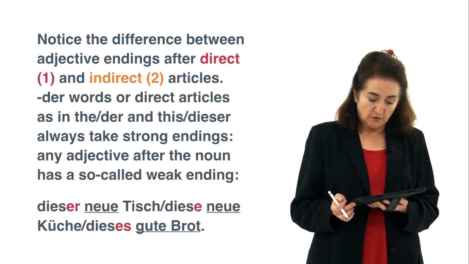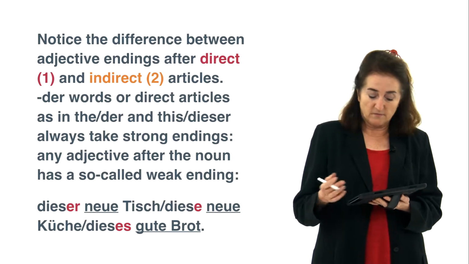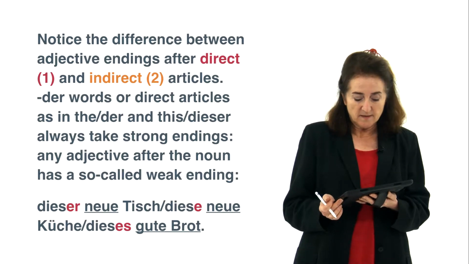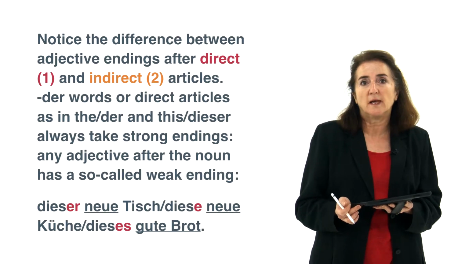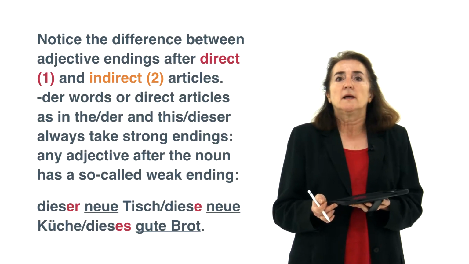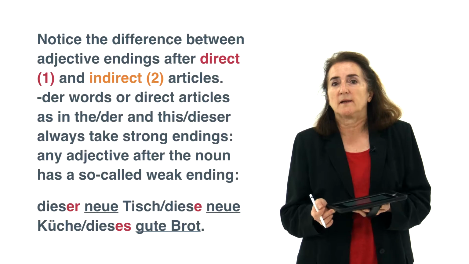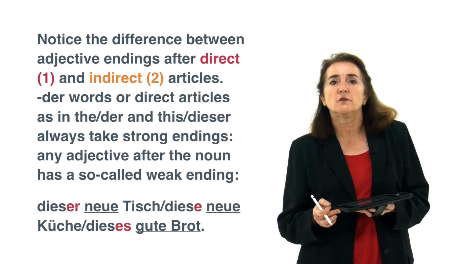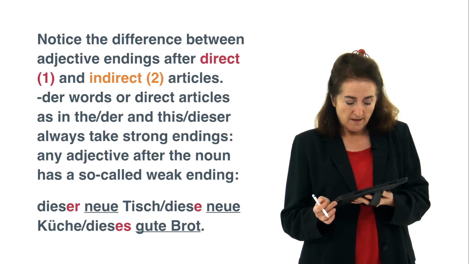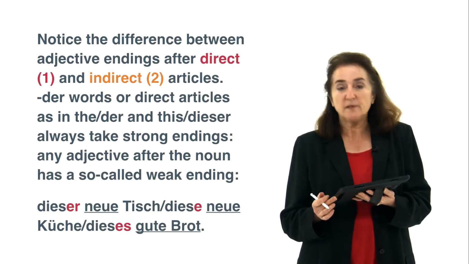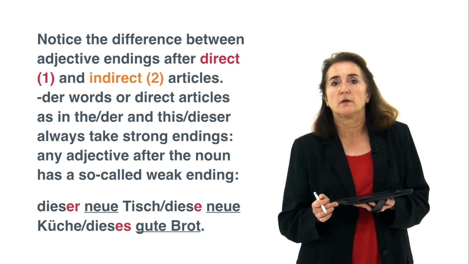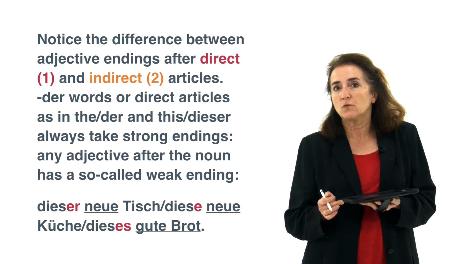Der words or direct articles are the same as in der for the and this, dieser, and they always take strong endings. So any adjective after the noun has a so-called weak ending, which is the one that doesn't change. The strong endings are the ones that one has to learn. An example, dieser neue Tisch und diese neue Küche, dieses gute Brot.